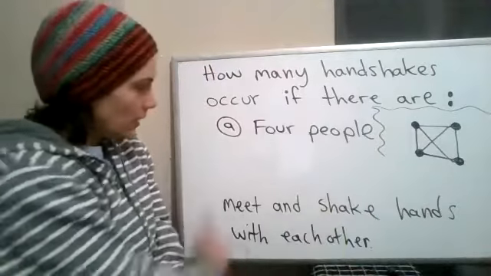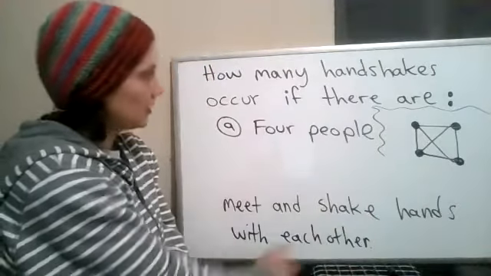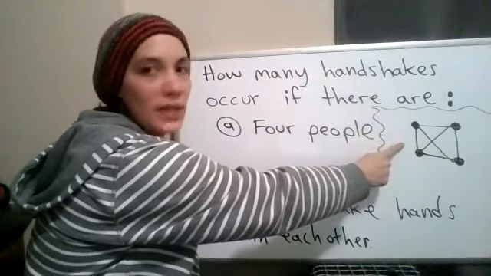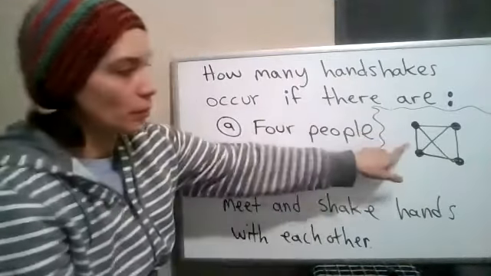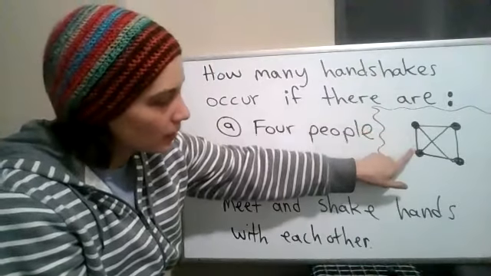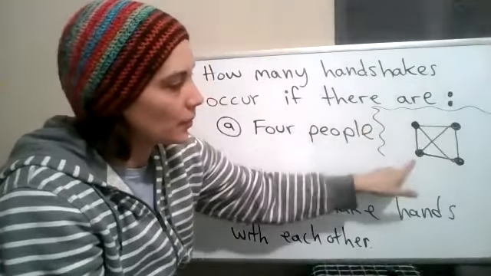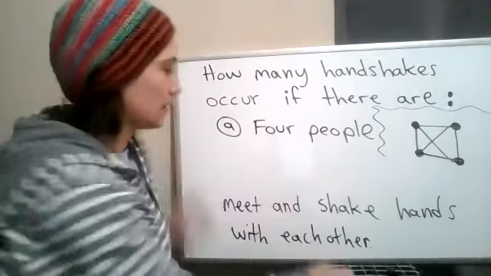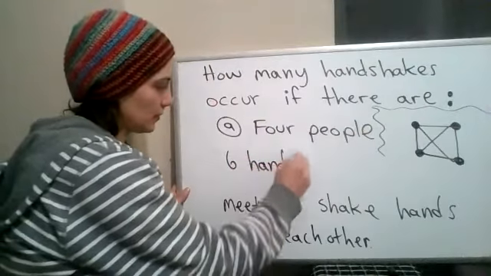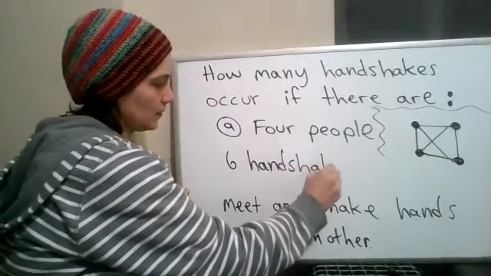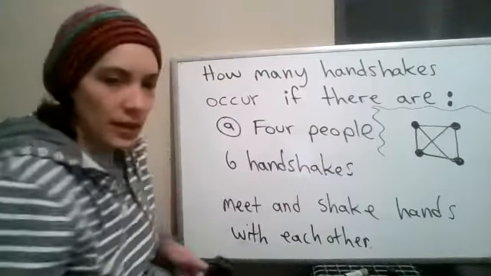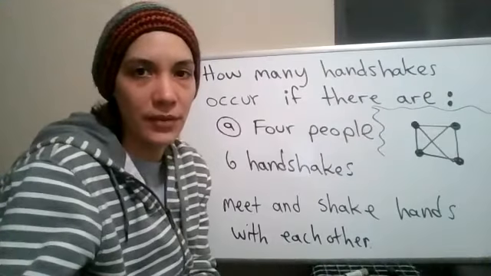So what we want is the number of handshakes, which is going to be the edges. So how many edges do we have? We're going to just count, but also we're going to use the formula. Counting 1, 2, 3, 4, 5, 6. But there's a formula for finding the number of edges.